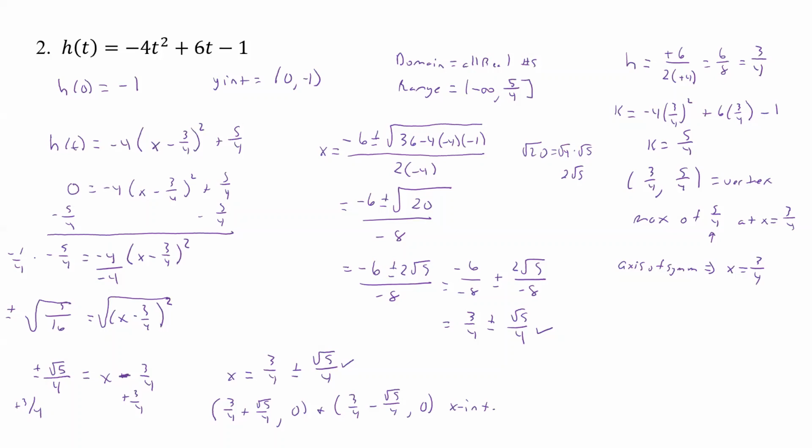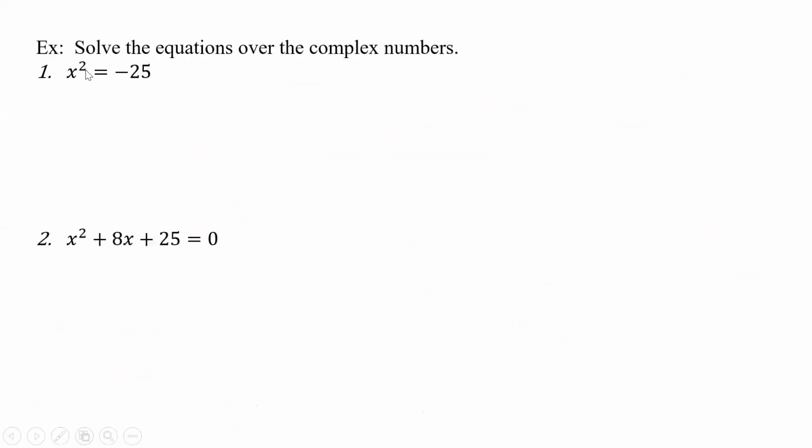All right, the next thing we're gonna do is solving equations over the complex numbers. And what happens when we have complex numbers is, if you notice this, x squared equals negative 25, that means we wanna have an imaginary number for our answer. So when we have complex numbers, we're gonna have imaginary numbers. And so if we think about that, well, how do we solve that? Well, we just take the square root of both sides.